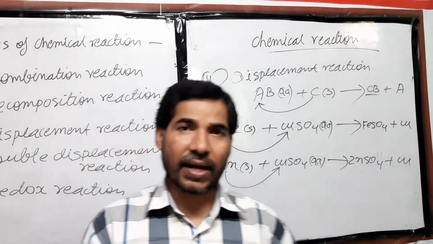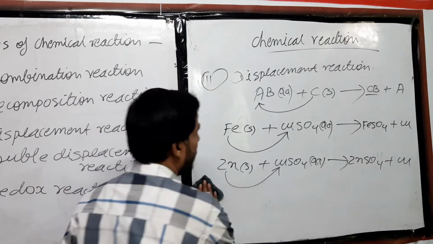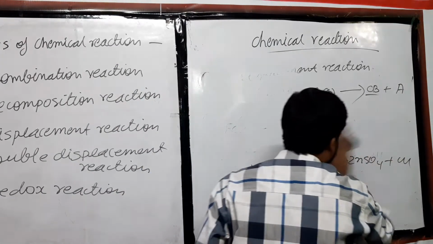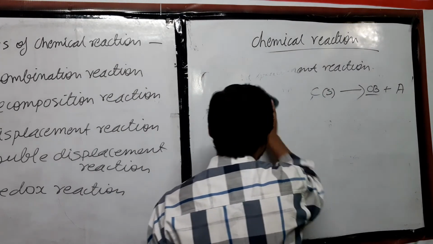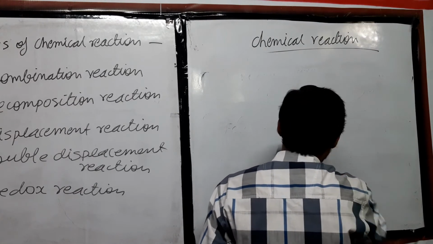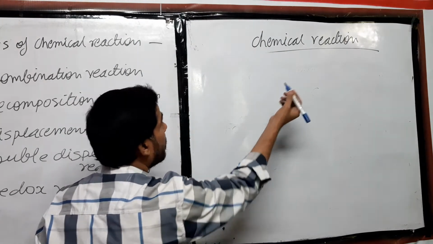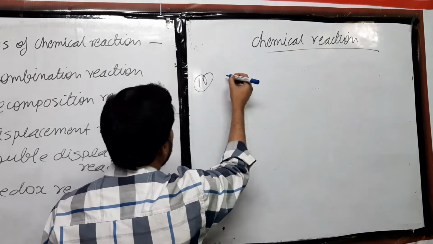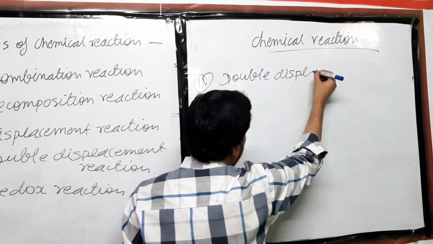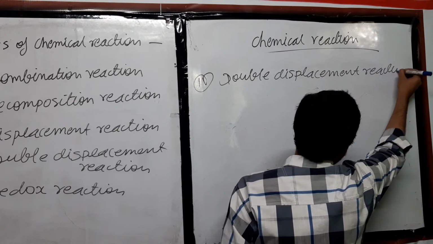And at last, I will give you the double displacement reaction. What is a double displacement reaction? Those chemical reactions in which reactants exchange their radicals are called double displacement reactions.